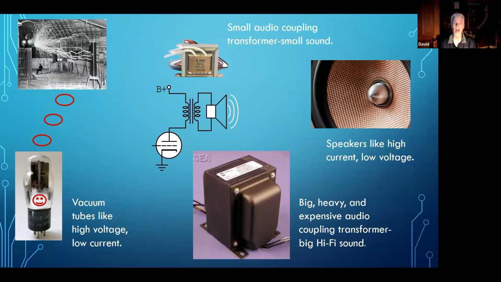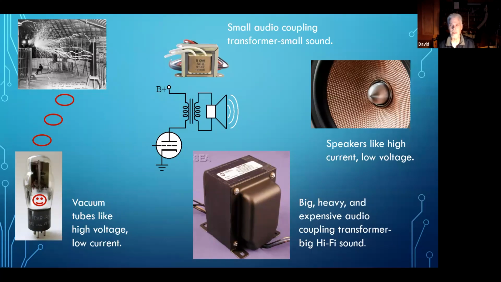The output transformerless amplifier was basically developed at the beginning by Futterman. But before I get to that, why output transformerless? Typical tube amplifiers, vacuum tubes like high voltage and low current.